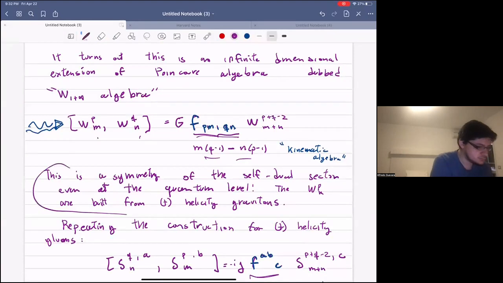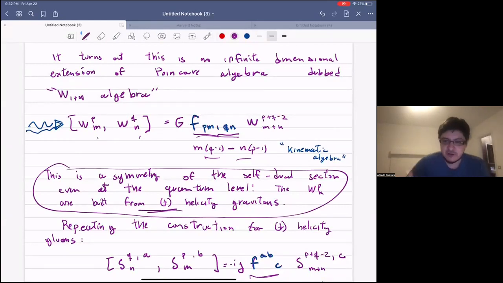So essentially what you have is the soft expansion of these operators, which are gravitons, and the subleading orders are precisely these generators. The leading order is the supertranslation one, and the subleading order is the superrotation one, and then we just keep going in the soft expansion. And that's how you define these generators.